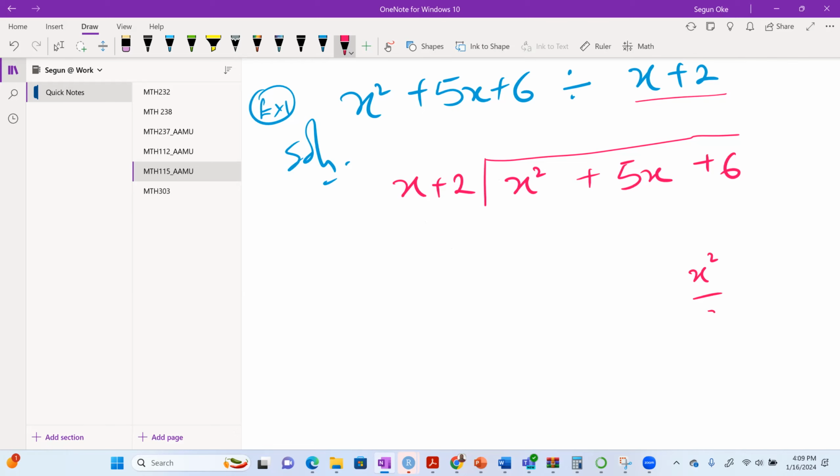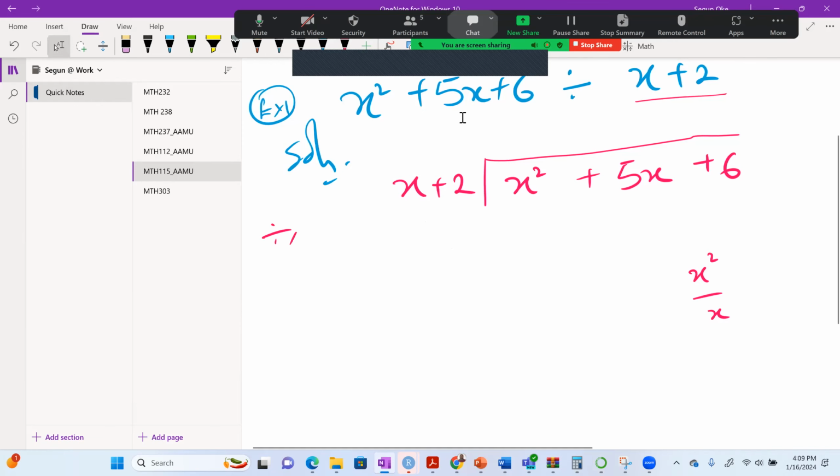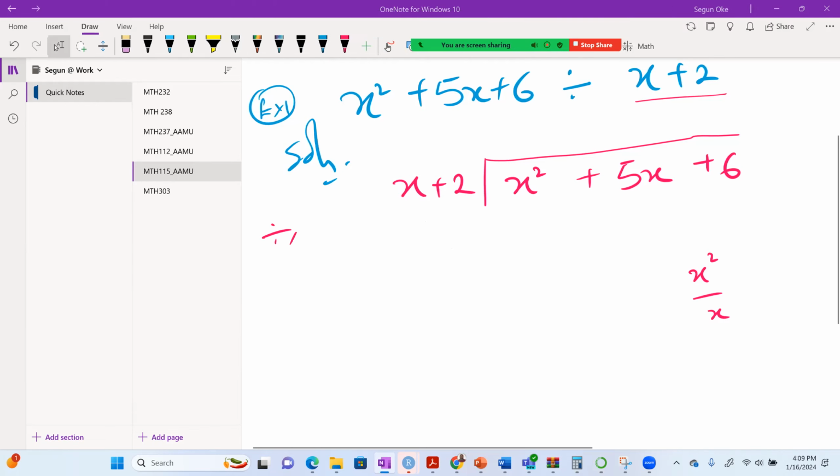We have x squared divided by x. There are three things we need to take note of. We need division. We need multiplication. Also, we need minus. These three signs will guide us throughout this particular topic.